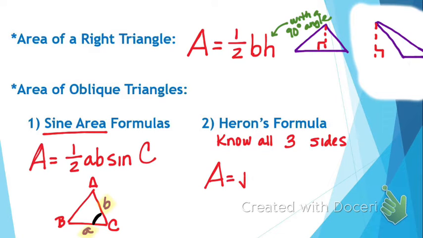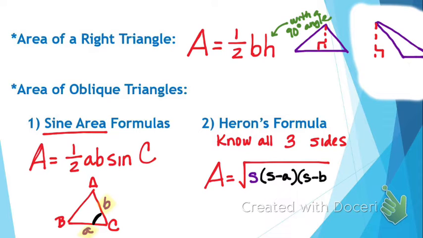So you have the area equals, and then you have the side, and then you have parentheses, that side minus the first side, where S stands for the semi-perimeter.